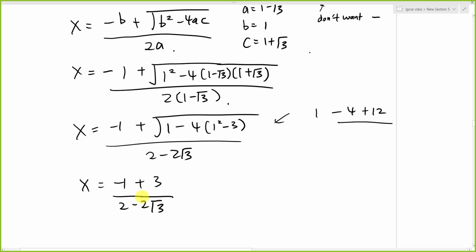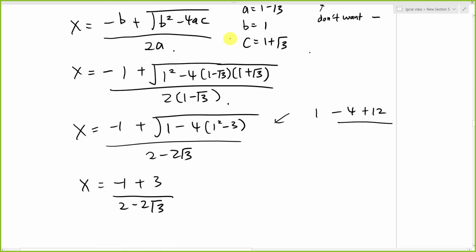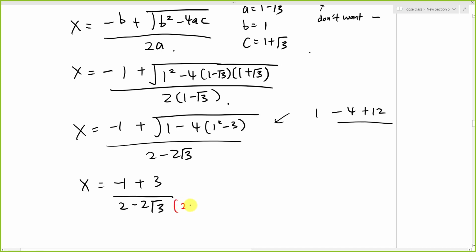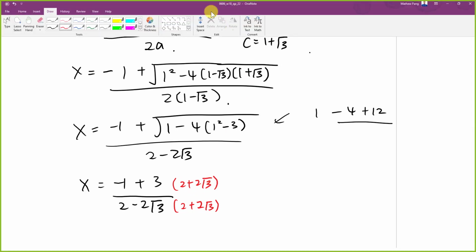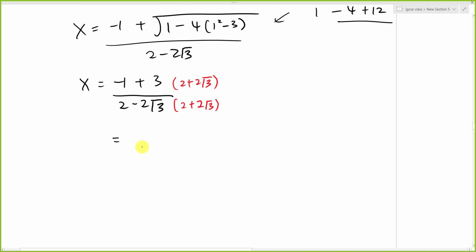But you see the answer they ask you to leave in this form is without a fraction, isn't it? So we need to rationalize. I will multiply by 2 plus 2 root 3 for both. From here, 2 squared is 4 minus 2 times 2 is 4, times 3 here.